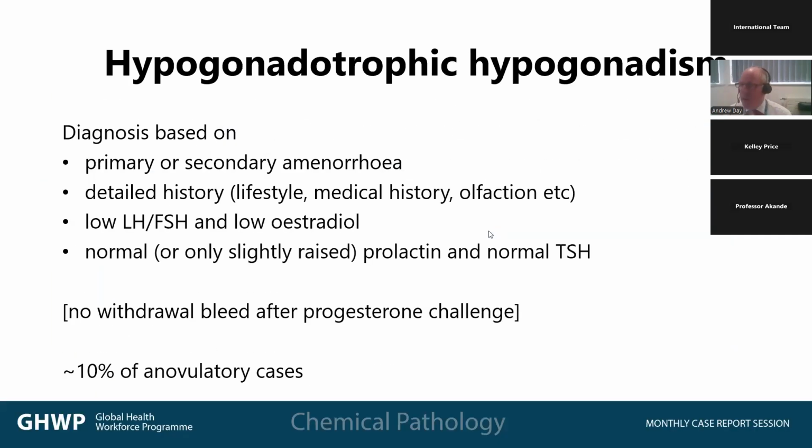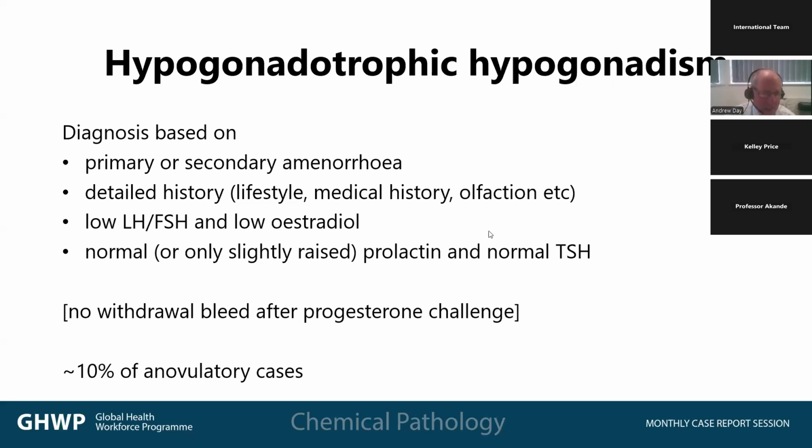So the diagnosis of this particular cause depends on, first of all, the presence of amenorrhea, be it primary or secondary. Really useful, as in all cases, to take a detailed medical history about the patient's lifestyle, any previous illnesses, what's the sense of smell, etc. Demonstrate that low FSH and LH and low estradiol.